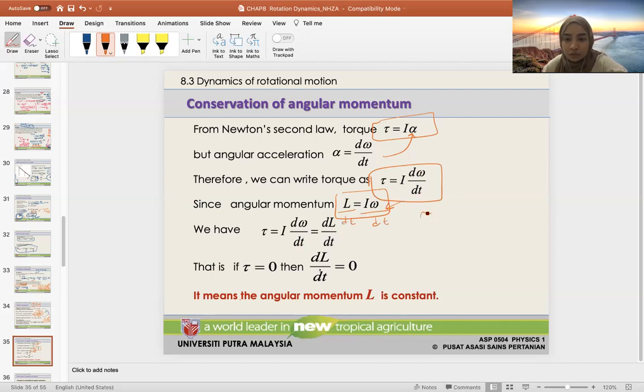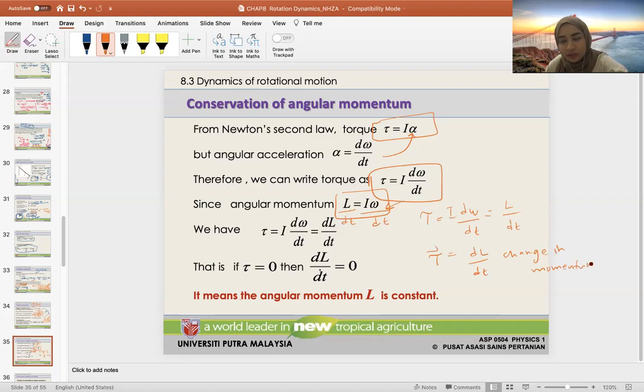So now torque equals I d omega dt, or dL dt, right? So dL dt is actually torque. Torque is equal to the change in momentum.